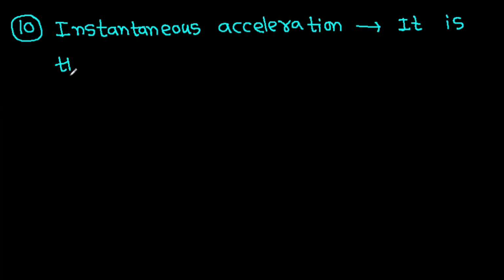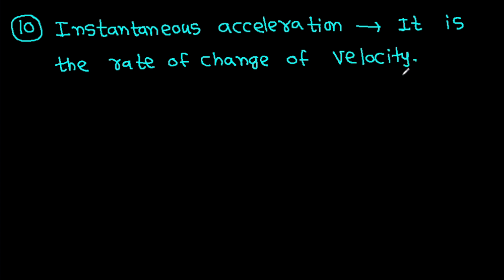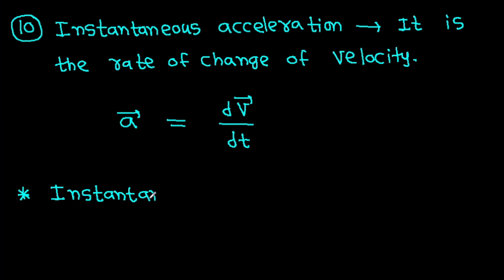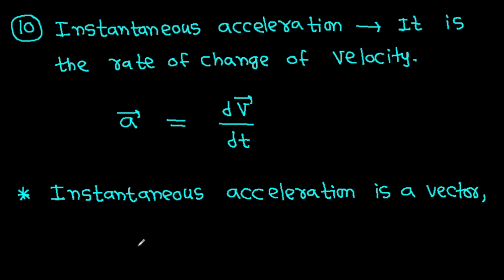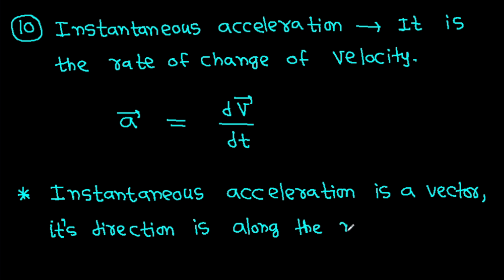It is the rate of change of velocity, a equals dv upon dt, and instantaneous acceleration is a vector and its direction is along the net force on the body.